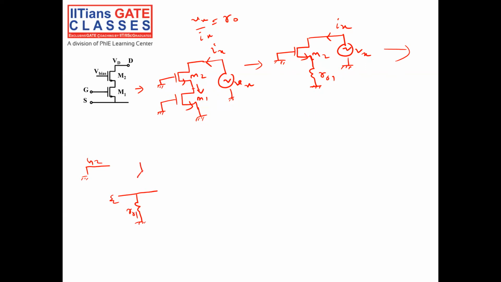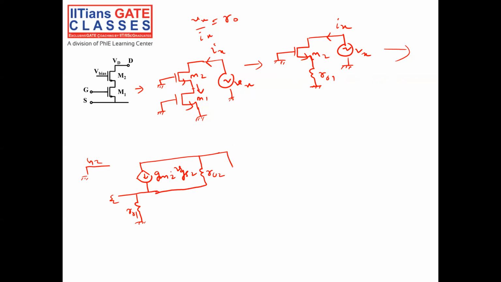Between gate and source, I have gm2 into VGS2, right? Then between drain of M2 and source of M2, I have resistance R02.